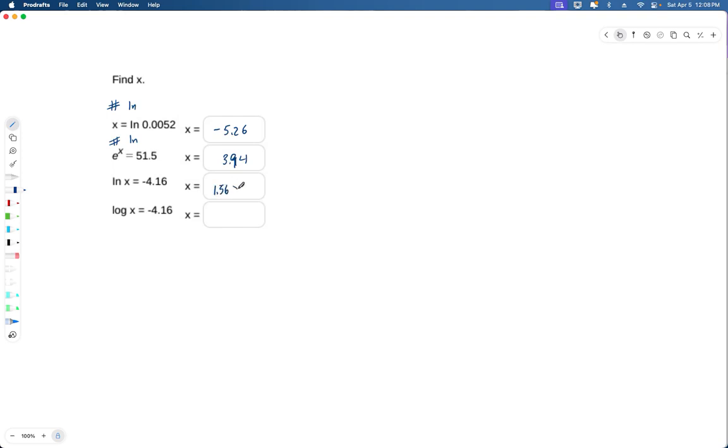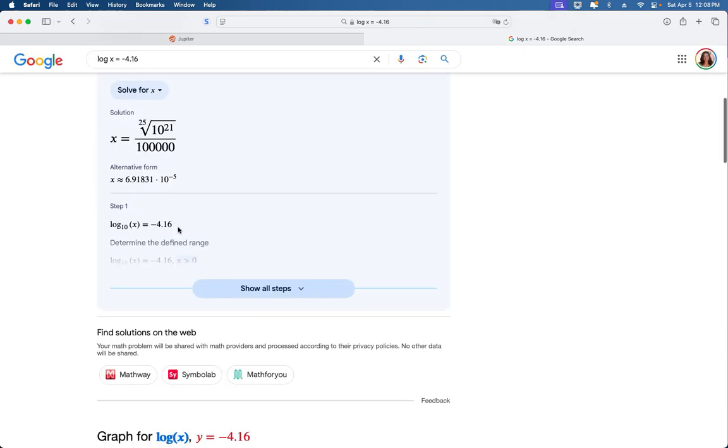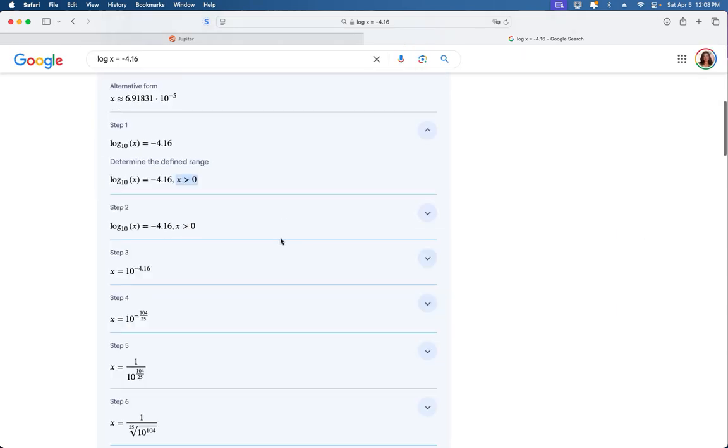1.56 times, that's a 5. Let me erase that. 1.56 times 10 to the negative 2. Just type it in Google. It'll be all right. Same thing, only now we have a log here, and we'll type it in Google. So this will become log, and it gives you the solution at the bottom.